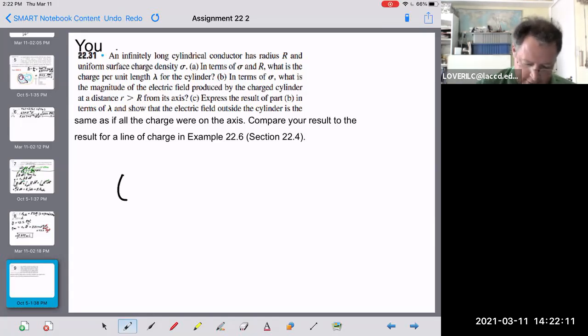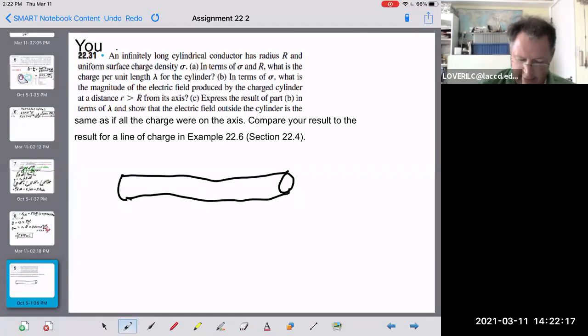So in other words, this is a long, thin conductor like this, and the surface charge density is sigma. That is the charge per area.